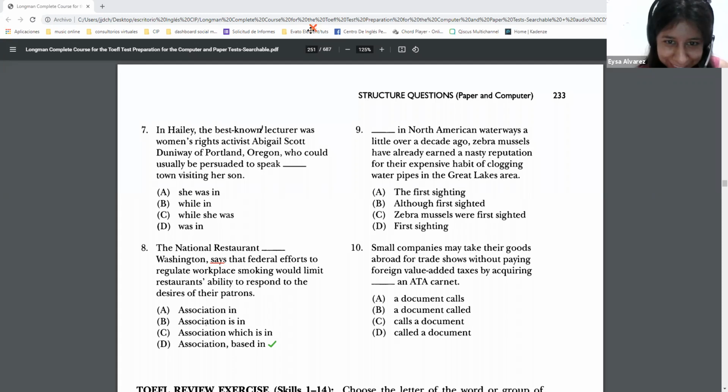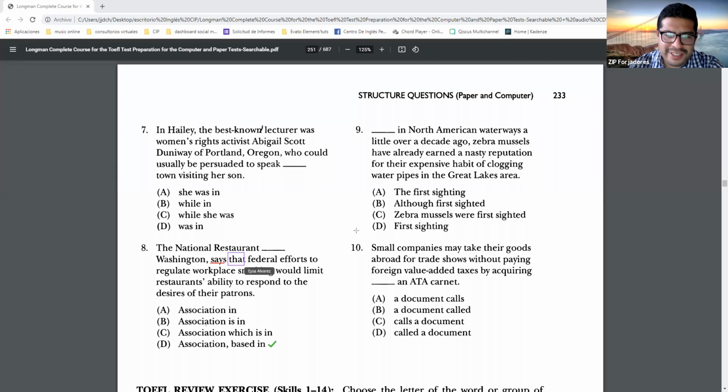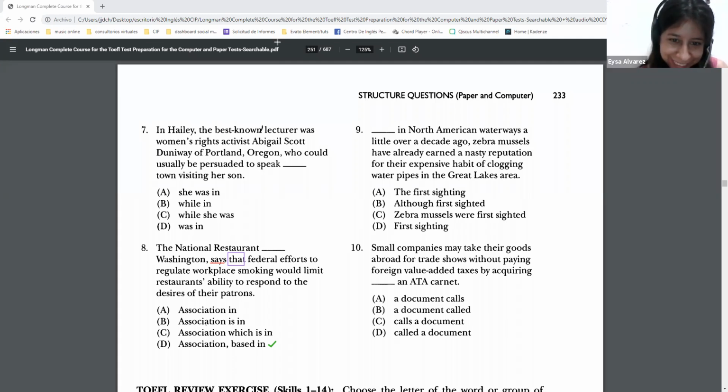Here, "that." Very good. That means "that" is a connector, so we have to have another subject and another verb.